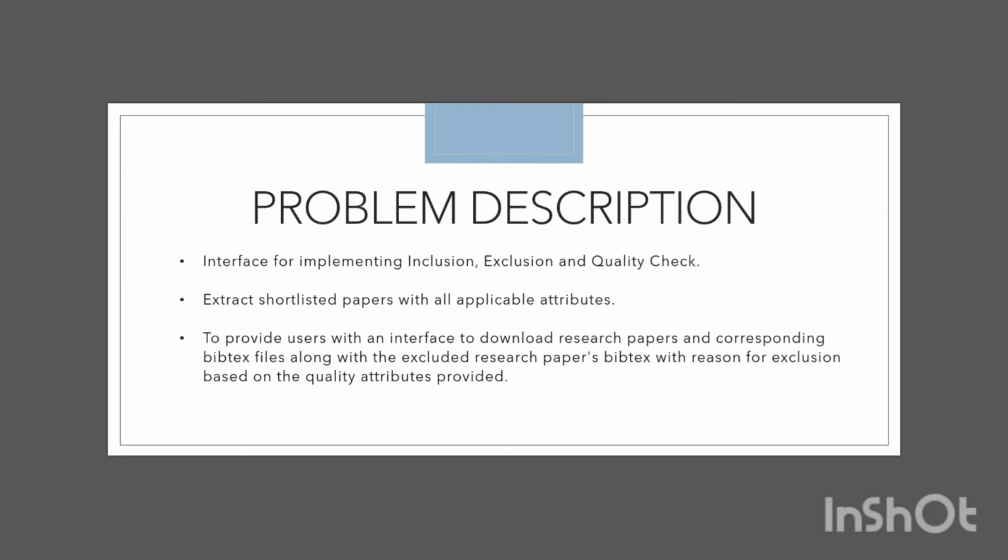The problem that we have aimed to solve with our module basically involves providing users with an interface to search for various research papers and articles. We have provided users with filters using which they can search for various research papers and articles.